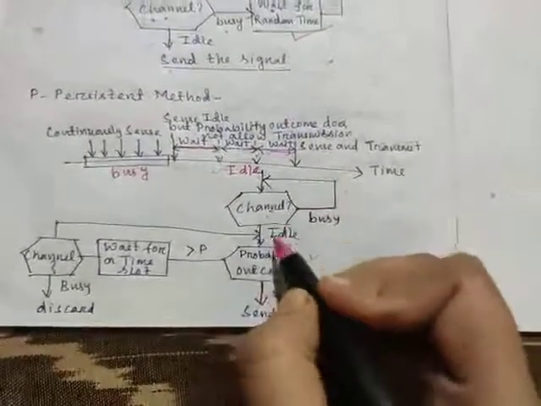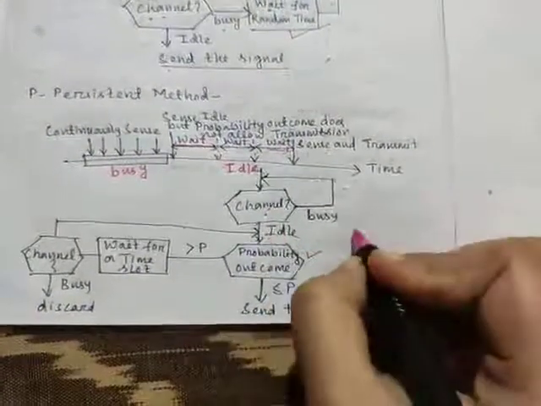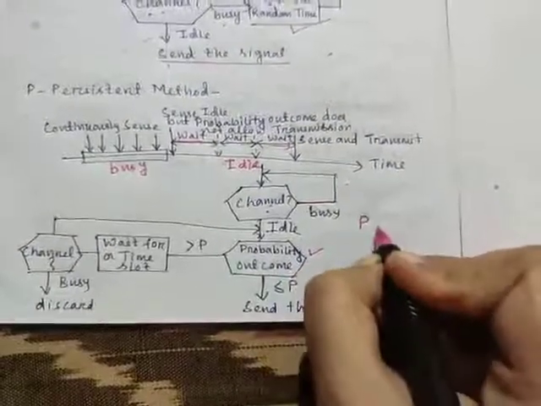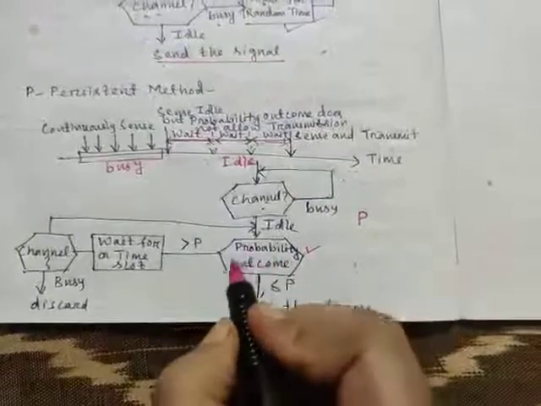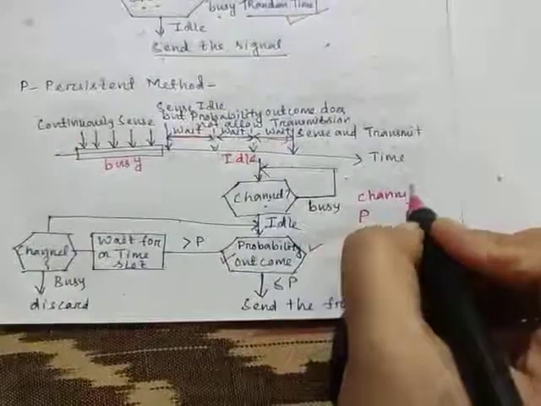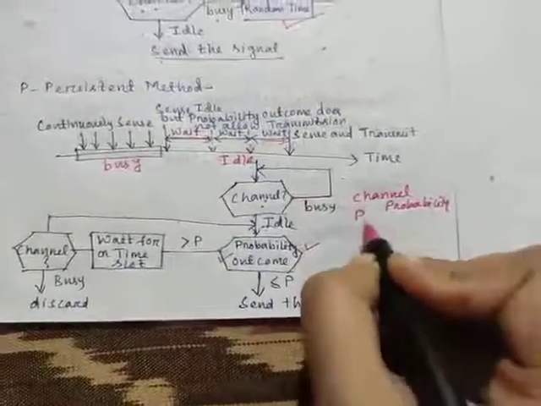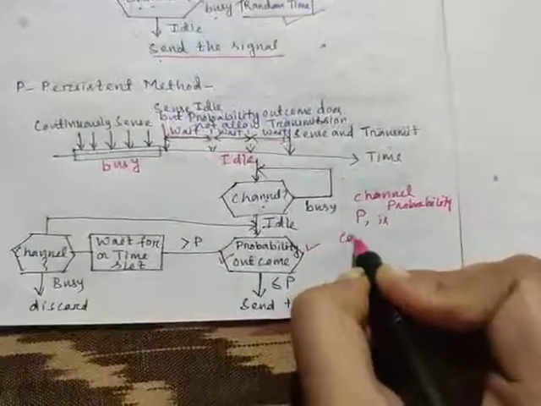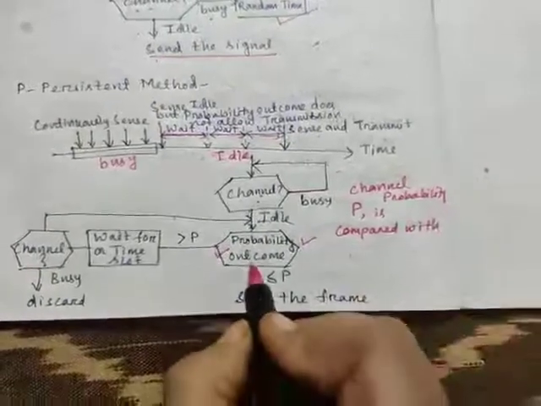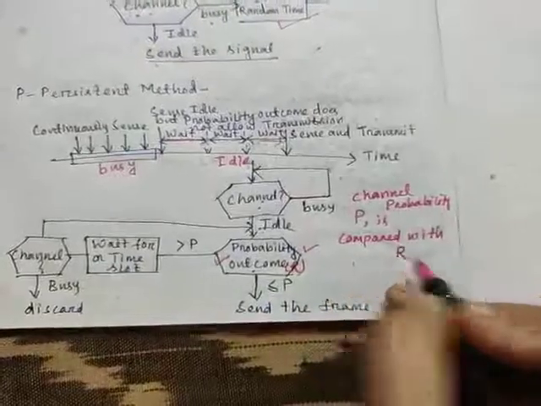So when the station senses the channel idle, it sends the data with probability, denoted as P, and at this logic, the channel probability denoted by P is compared with the probability outcome, which we denote as R.